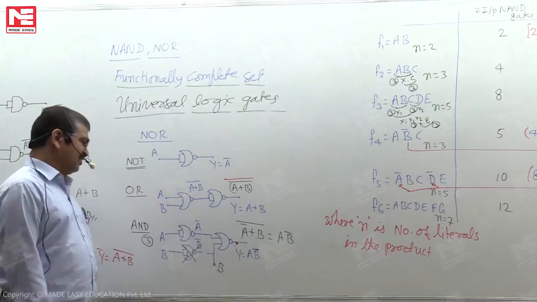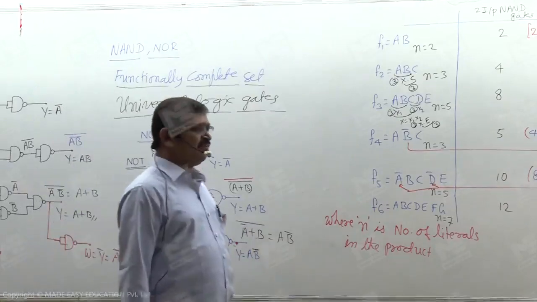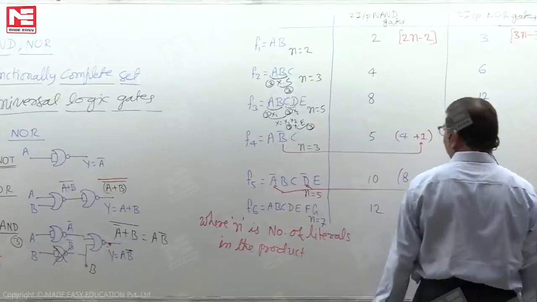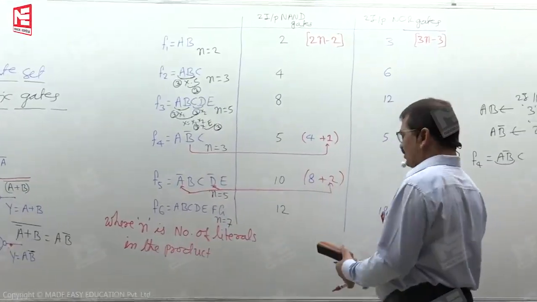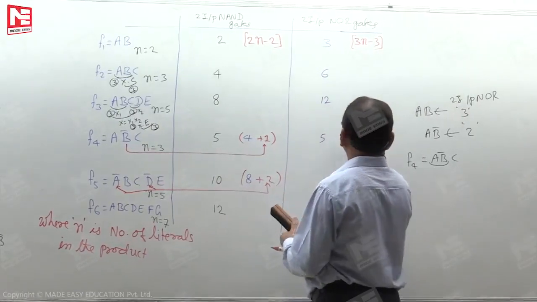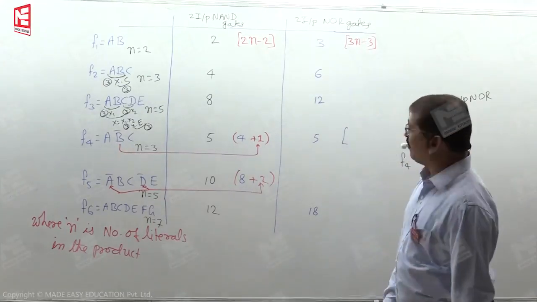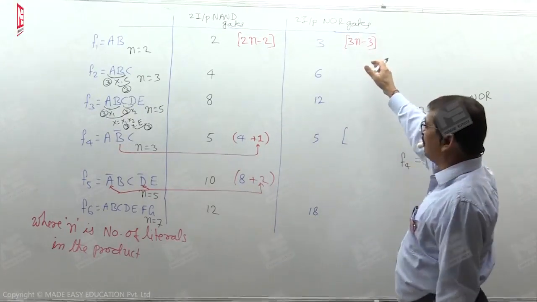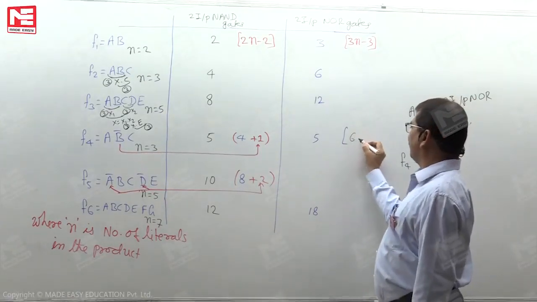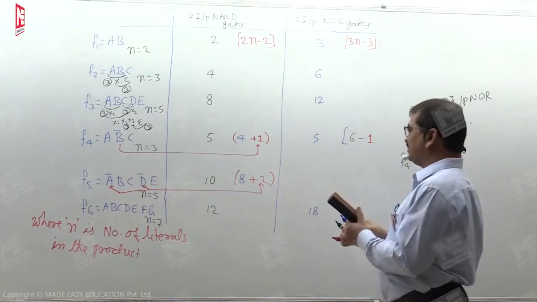Anyway, the answer is 2 for implementation of AB complement. So the formula we can use here is the same, 3n minus 3. n is 3, so 3n is 3 into 3, 9, 9 minus 3, 6, minus 1.